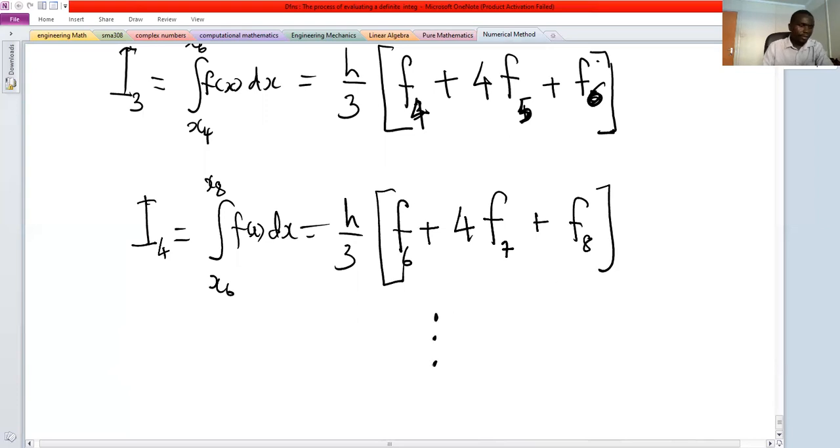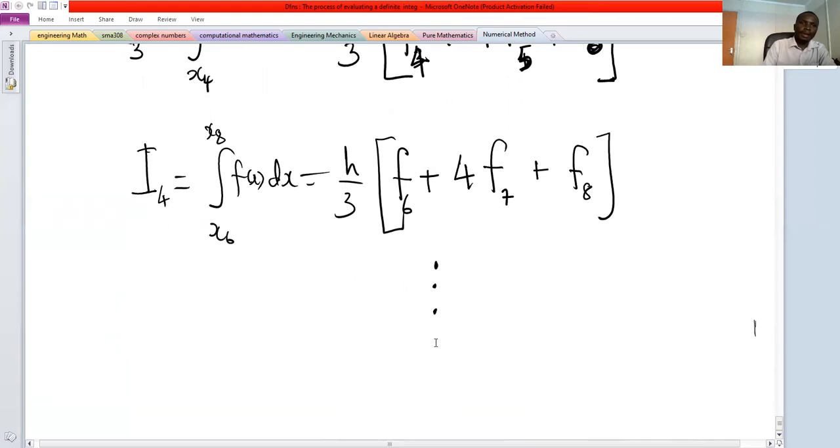And this pattern continues up to now. You see that at every point, In will be the integral from now.